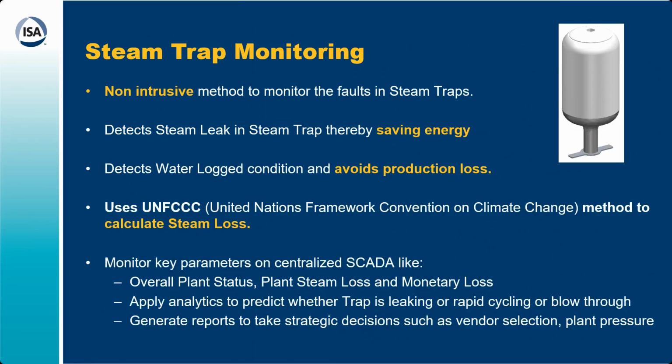Apart from that, the UNFCCC guidelines are available to calculate the steam loss, so that if the valve is leaking, you can actually calculate how much steam loss there is. One can get the overall plant status, plant steam loss, monetary loss. Such systems are available in the market.